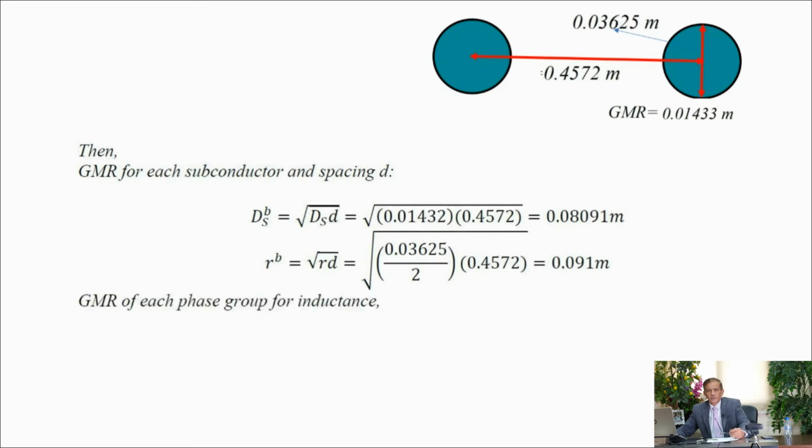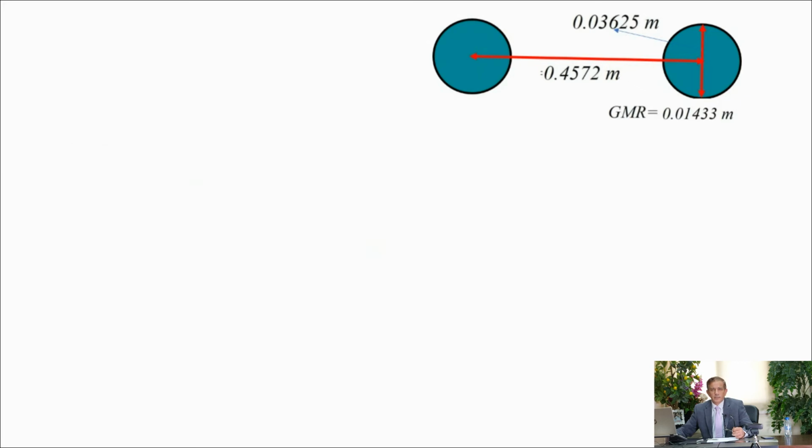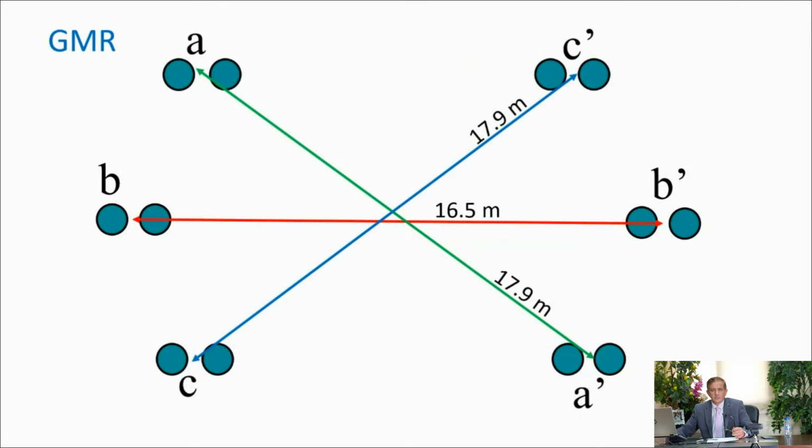Now we'll come to the phase group of the conductors. If you take, for example, A, we'll come back to this one, A here. See this one, A. Between A and A dash, you have 17.9 meters.